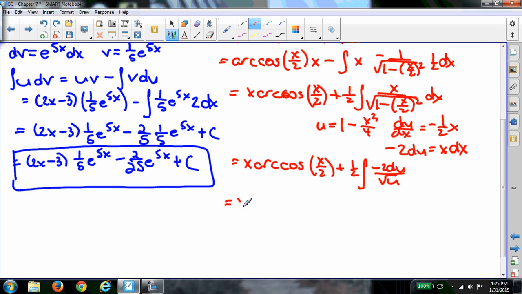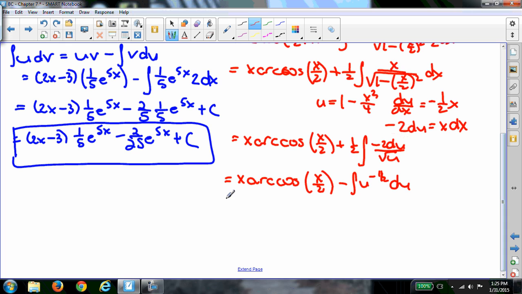But this can be rewritten as x arc cosine of x over 2, I'll go ahead and make this a minus u to the negative 1/2 du, which I can integrate by undoing the power rule.